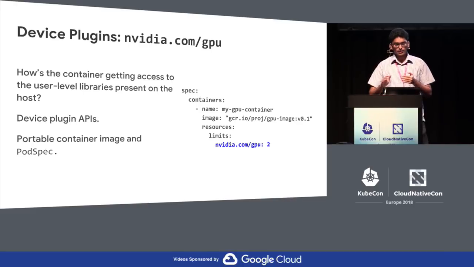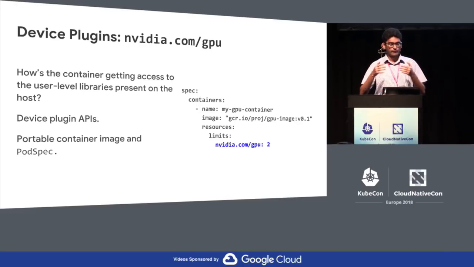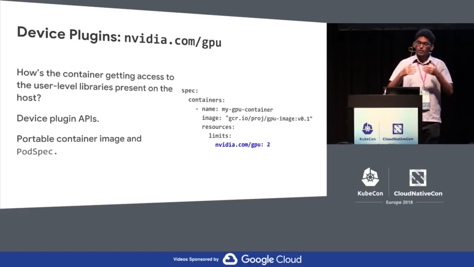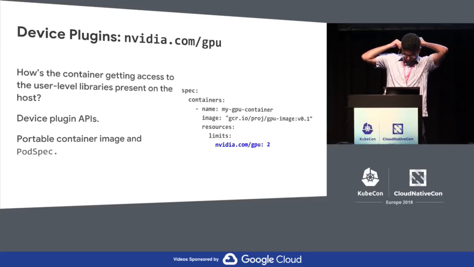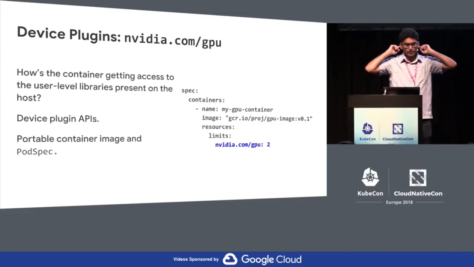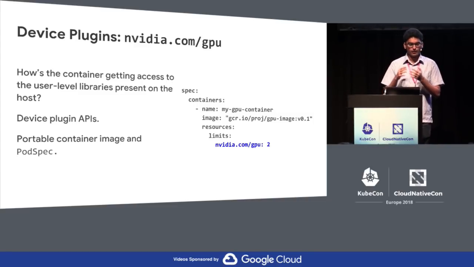So with this, you have your container image, which is portable because you don't have user-level shared libraries in the container image. And your pod spec is also portable because you don't have any host-specific stuff in the pod spec.